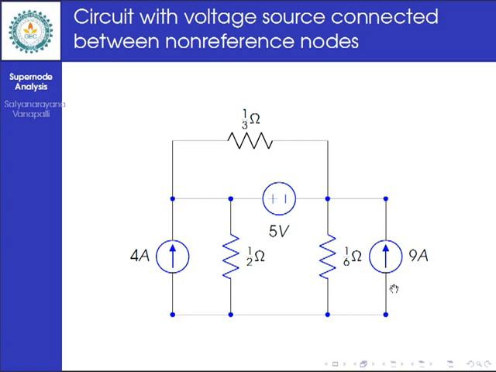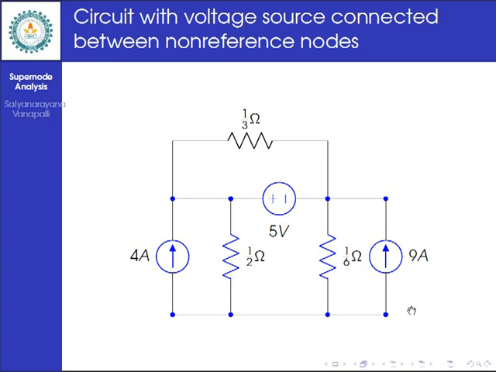So if you look at the circuit, a voltage source is connected between two nodes. So we see whether the 5 volts voltage source is connected between a node and a reference node or between two non-reference nodes.